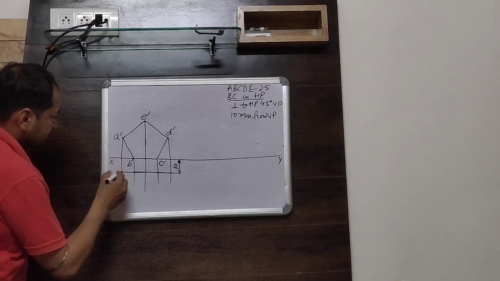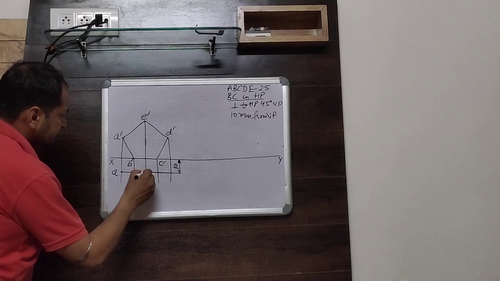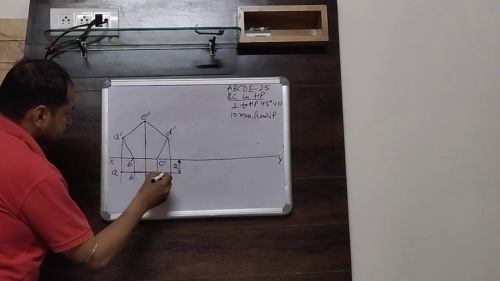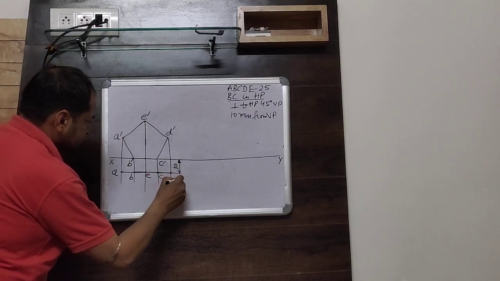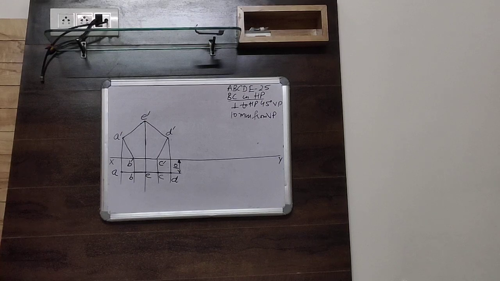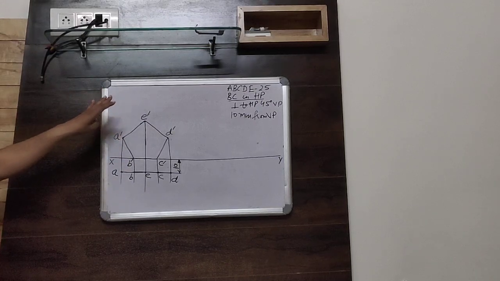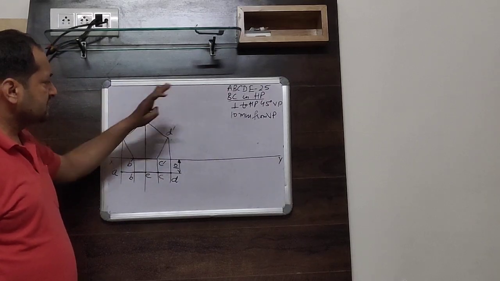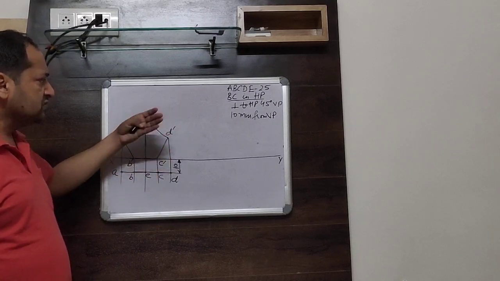So in the top view, these points are A, B, E, this one is C, and last one is D. Up to this step, we have assumed this pentagon to be perpendicular to the HP and parallel to the VP.